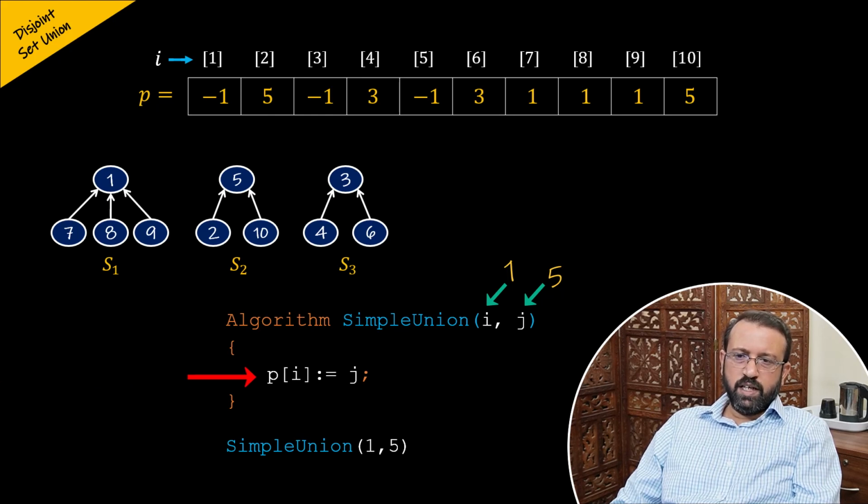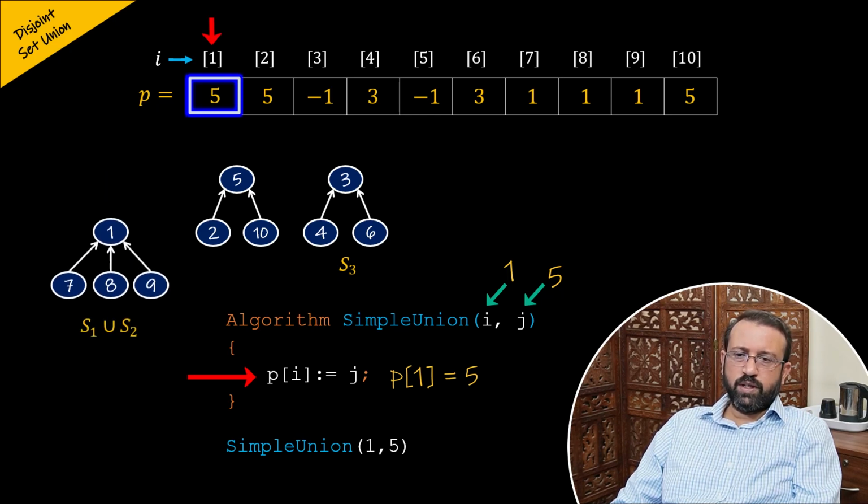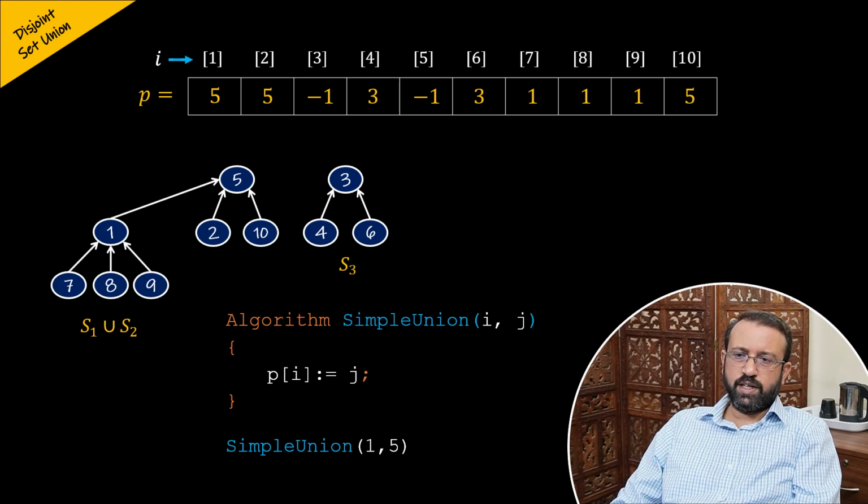That means j, which is 5, is assigned to P of I, that is P of 1, since I is 1. Therefore, in the array at index 1, we will have the value 5. So the tree of disjoint set S1 with root node 1 will become the child of the tree of disjoint set S2 with node 5 as the parent. This is how the union operation is performed on two disjoint sets using the simple union algorithm.